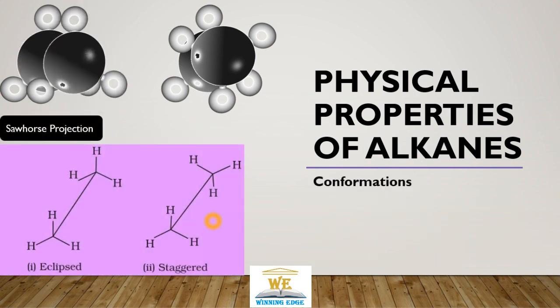In the sawhorse projection, it is the same thing as our Newman projection. The hydrogen atoms are placed on the same side in the case of eclipsed conformation. They have a dihedral angle when they are placed on opposite sides. Here you see this is directly above and this is directly below. That is the staggered state.